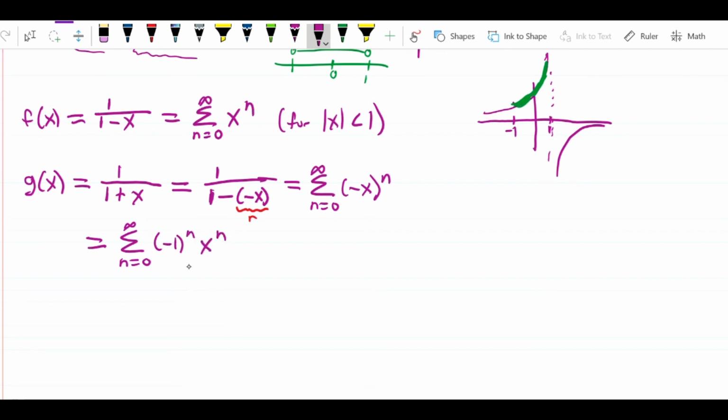Now this looks more like a power series, where this part, the -1 to the n, is that a_n term we covered in the introductory definition of a power series. So as long as the absolute value of x is less than 1, this is a power series that is equal to this function.